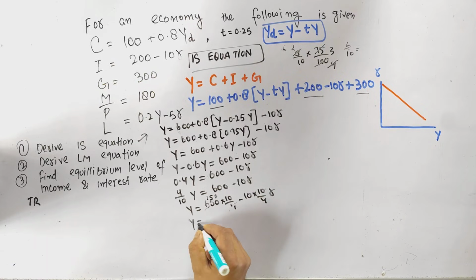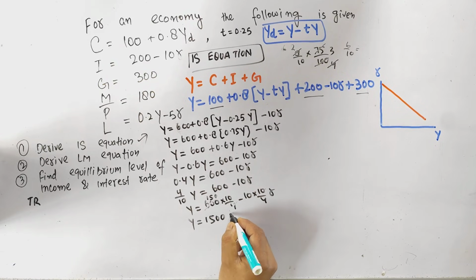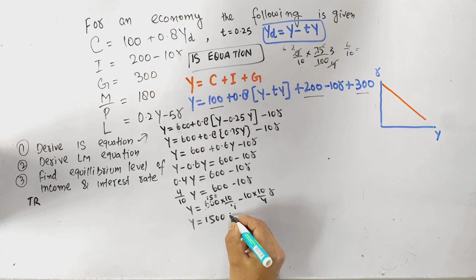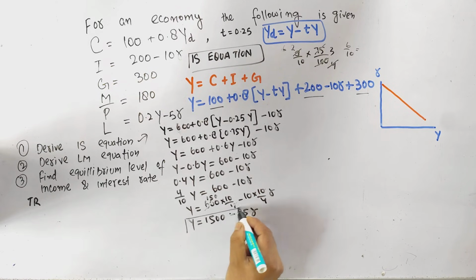So Y is equal to 1500, and 10 tens are 100, so it becomes minus 25R. So this is our IS equation.